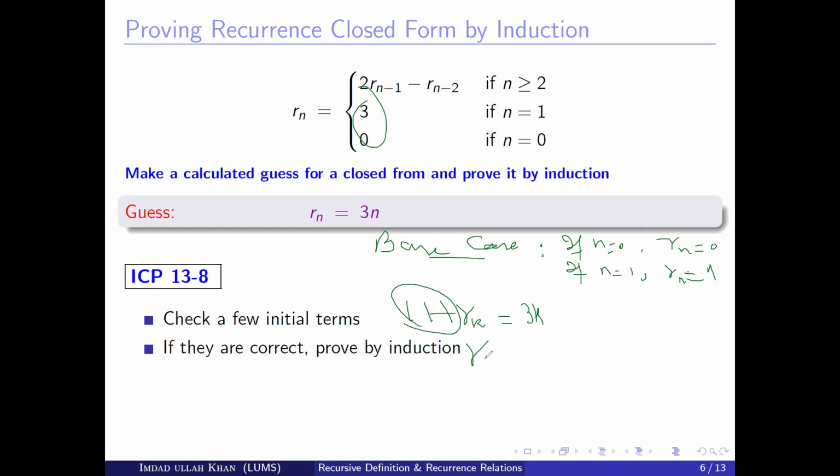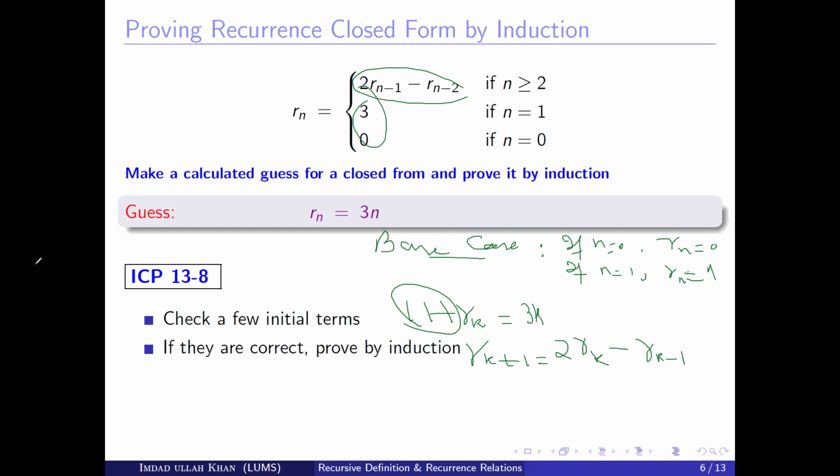Our inductive step is that we need to show that Rk plus 1 is 3 times k plus 1. That's what we want to show. But Rk plus 1 is being defined recursively over here. So that means that this is dependent on 2 times Rn minus 1, which in this case is going to be Rk, the previous answer, minus Rn minus 2, which is going to be Rk minus 1.